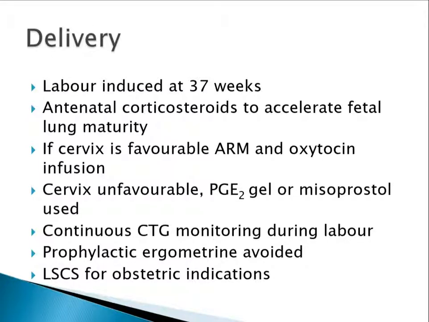Misoprostol is a prostaglandin E1, or prostaglandin gel intracervical, and then the cervix will become favorable. That is, there will be shortening of the cervix, the os will open up, uterine contractions will start, and the patient will be in early labor. Then you can accelerate with oxytocin.